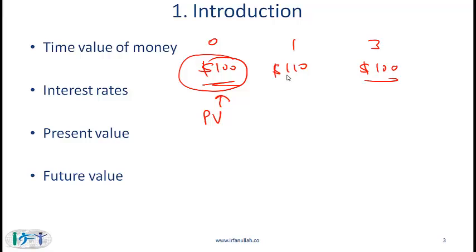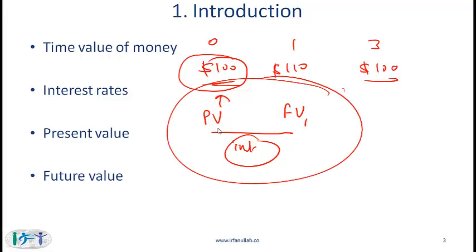This $110 is then referred to as a future value at the end of year 1. The relationship or the link between present value and future value is established through an interest rate. And what we are going to do in this reading is essentially talk about these concepts: present value, future value, and the way we link these two concepts using interest rates.